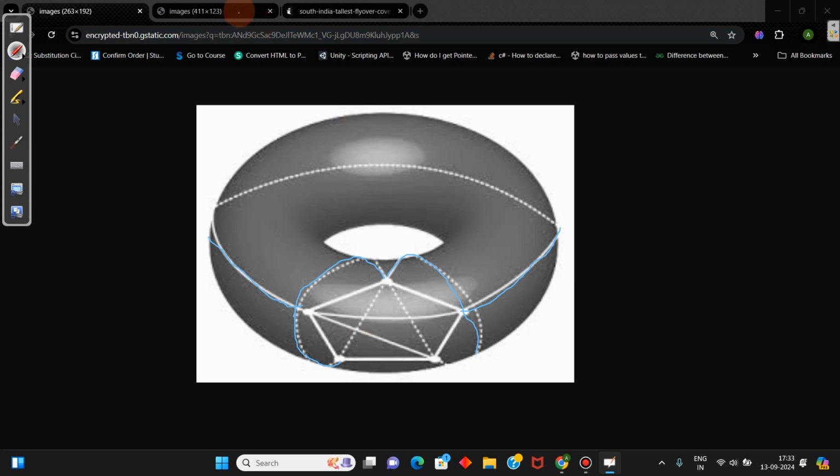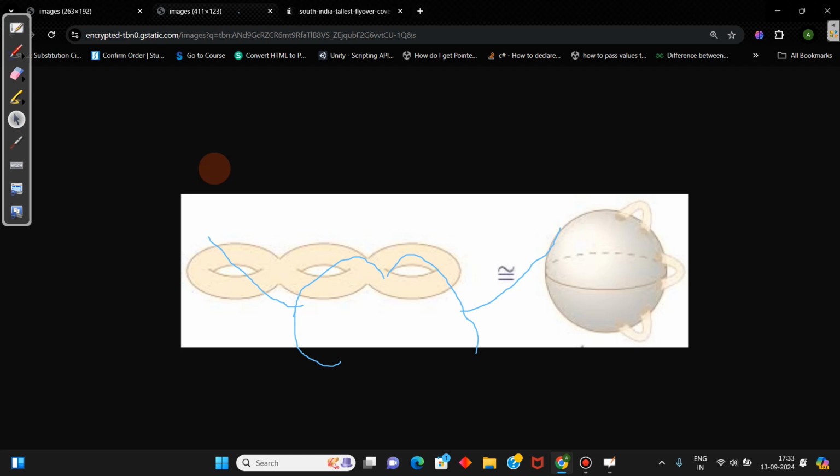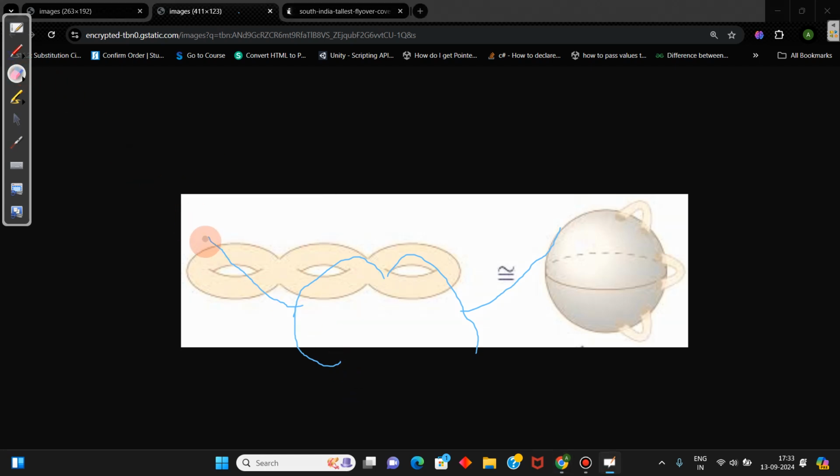So this is similar to the concept of making flyovers. The more complicated your graph is, the more flyover layers you have to make, and that looks like this handle.